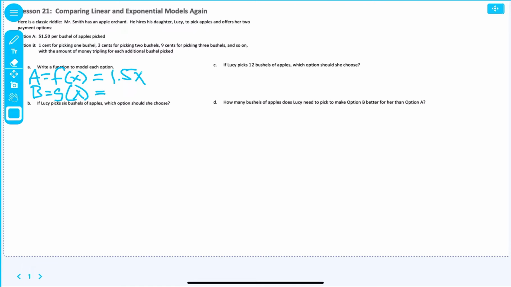What are we getting paid? 1 cent. 0.01 for how much? Okay, for a bushel. Then, what's going to happen for every bushel after that? All right, so we're going to go ahead and multiply by 3.